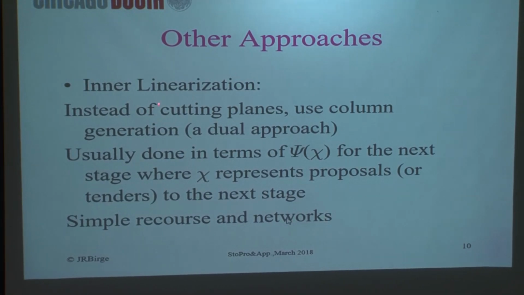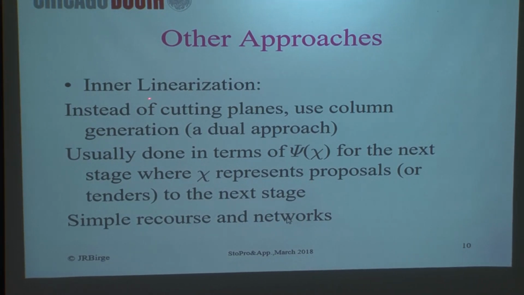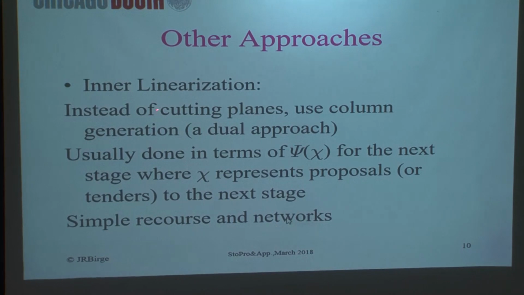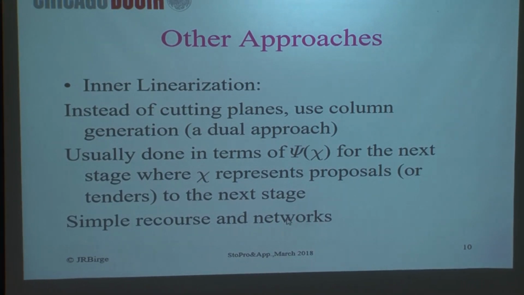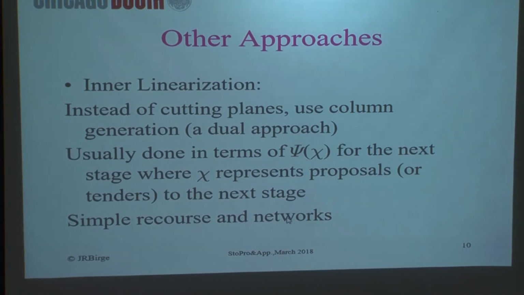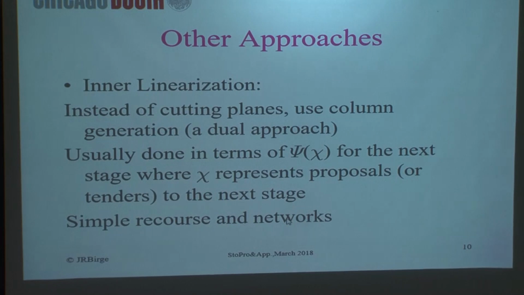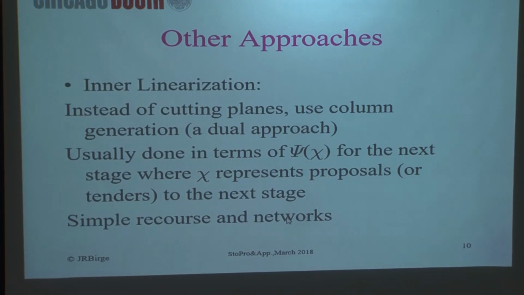Another approach you could think of is essentially the dual of this, in that instead of cutting planes, you start from the outside and you sort of relax the problem. So you always have lower bounds.